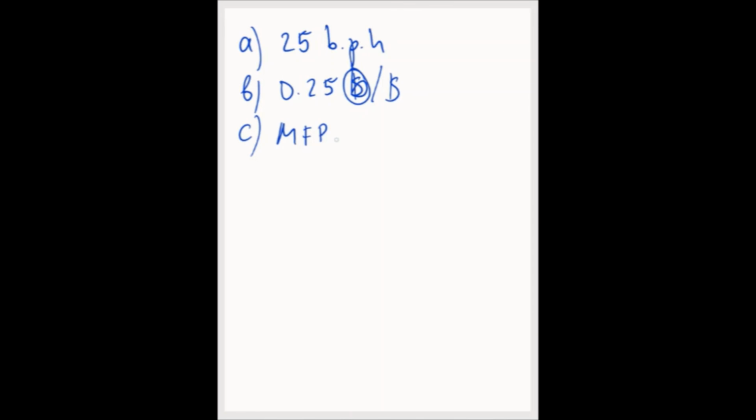A, 25 bottles per hour. B, 0.25 bottles per dollar. C is multifactor productivity change is 2.56%.